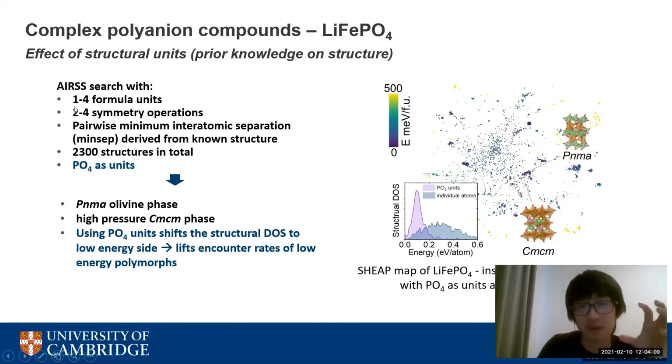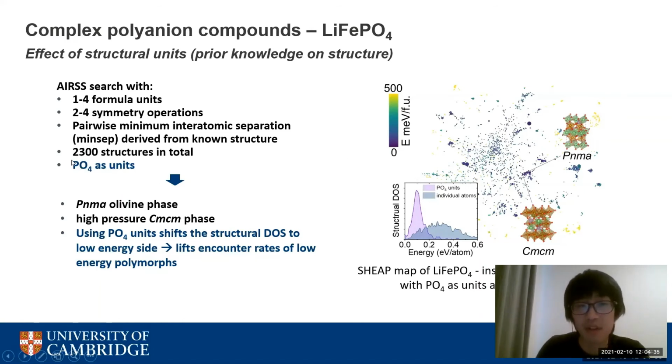We constrain the search to have 1 to 4 formula units, and all the searches also have these constraints on the search space, say the symmetry and the pairwise mean sep. For this search, we carried out a little bit more structural relaxations. In total, we have 2,300 structures.